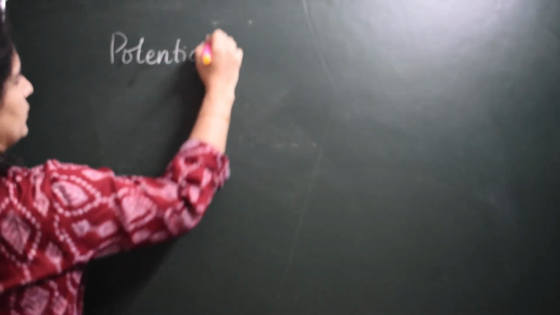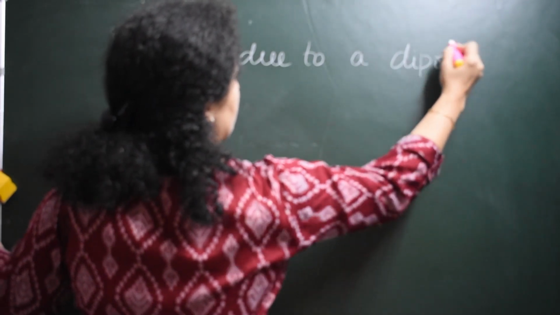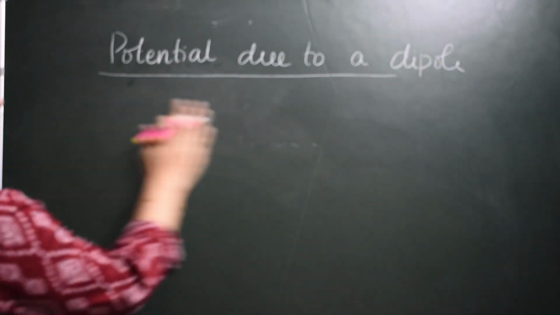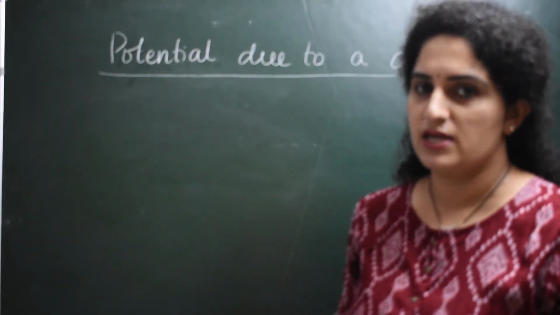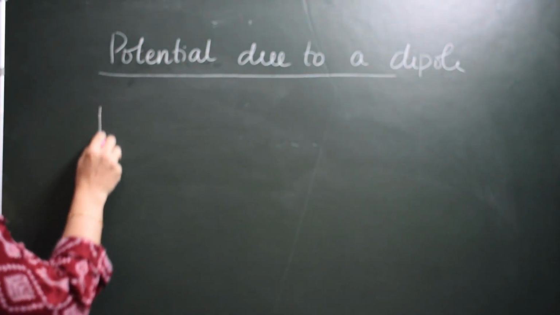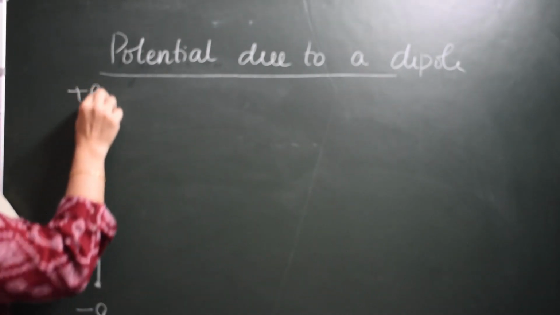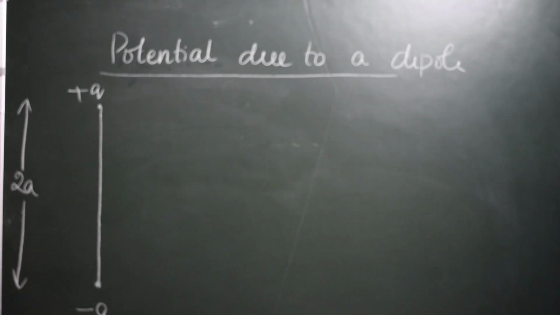So now, potential due to a dipole. Important derivation. First, what is a dipole? It is a system of equal and opposite charges separated by a distance of 2a. Let this be minus q, this plus q, separated by a distance of 2a in total.